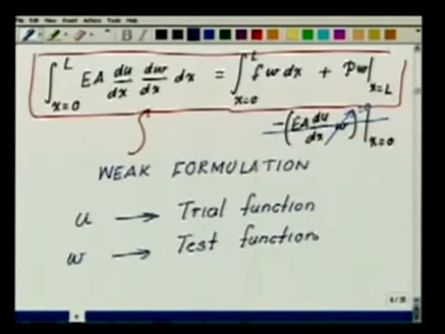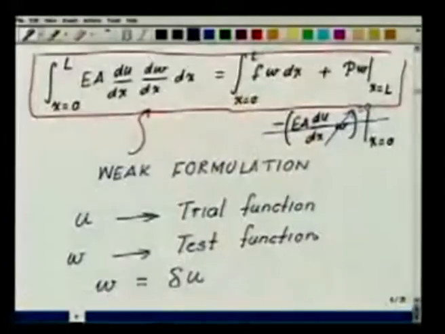Note further that if we took W equal to the variation of U, we will get exactly the variational formulation for this model problem that we would have obtained using the minimization of the functional. Note however that this is a very special problem where the weak form with W equal to delta U is the same as the variational formulation. It is not true in many problems of interest.